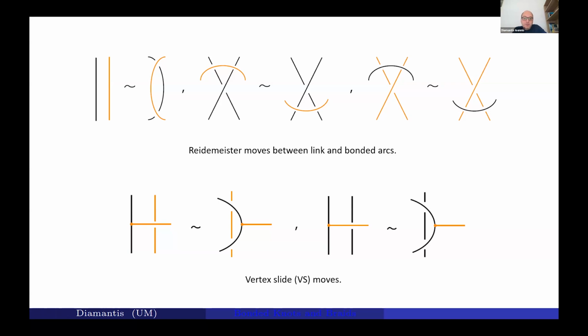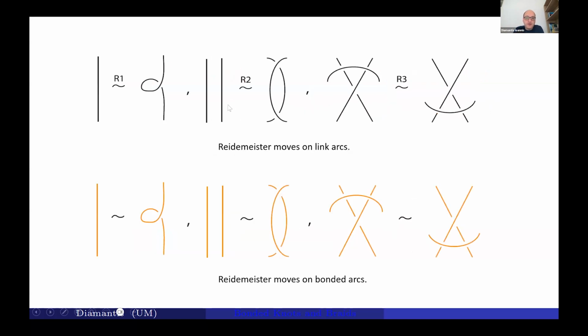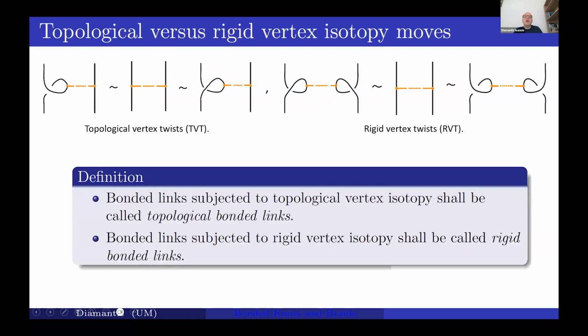But as you can see, I haven't included the Reidemeister 1 move for bonds. And remember, I have only included Reidemeister 1 when you have only one bond. So if we go here, we can see the two different types of equivalencies that we will introduce and discuss today.